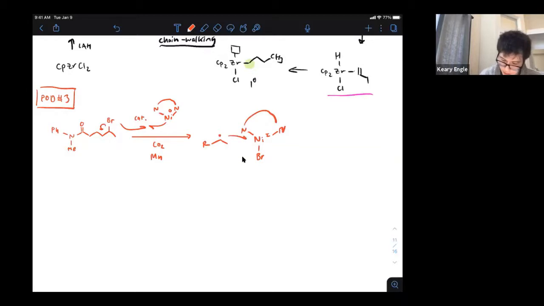Recombination, as Noor said, that gets us to a nickel 2 alkyl.